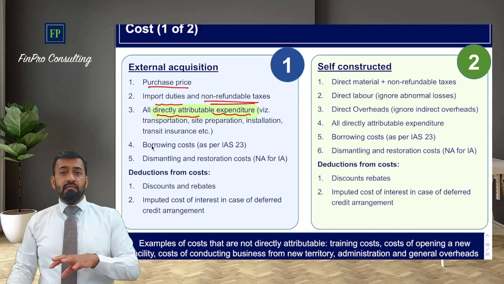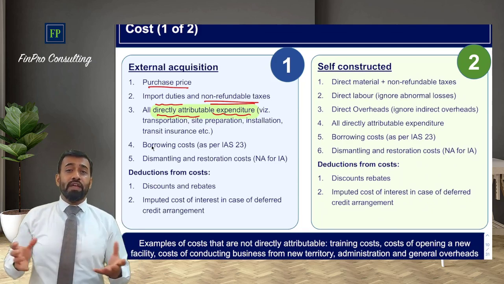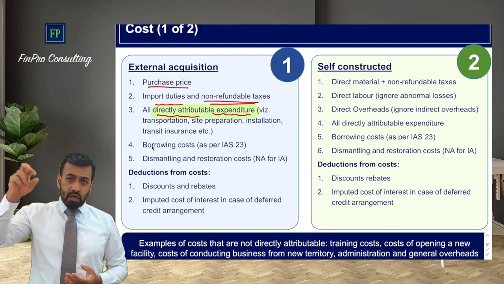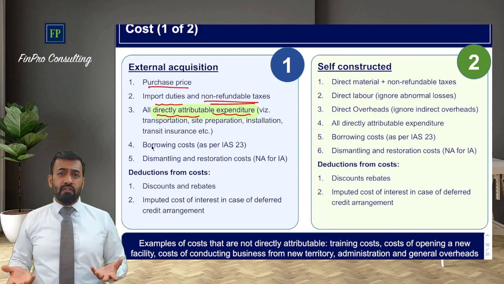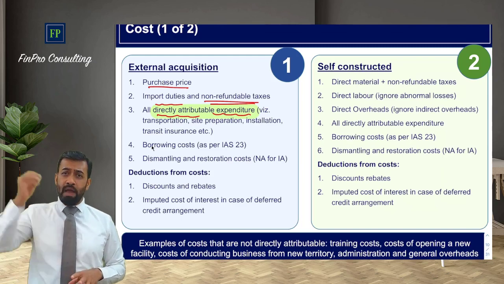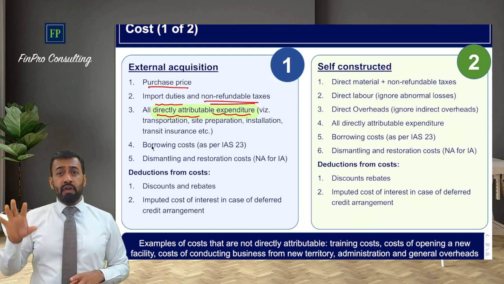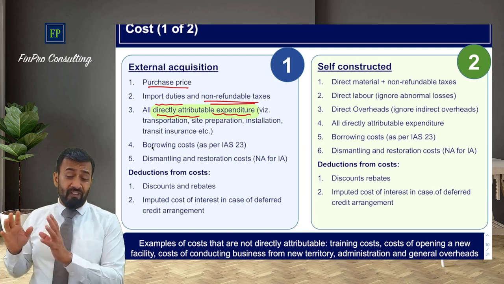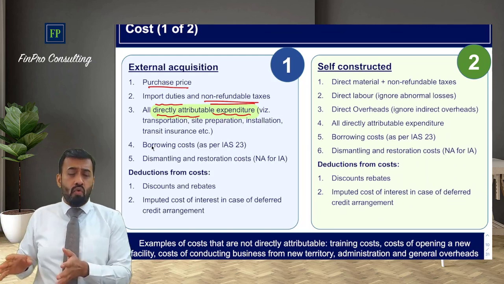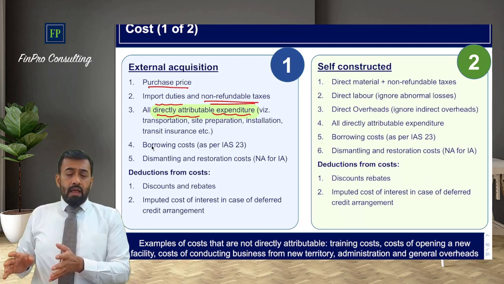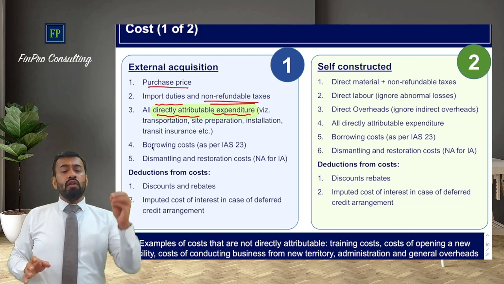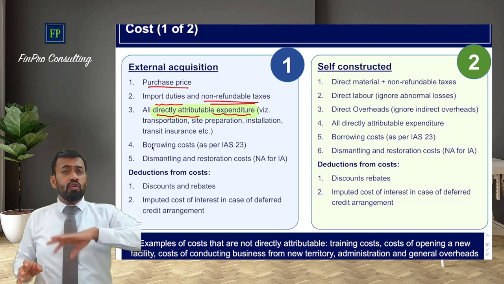Foreign currency translation fluctuations. Now, whether you incur fluctuation expenses or you don't incur fluctuation expenses doesn't make any difference. You pay that amount, the asset is there. Will it have any impact on the functionality of the asset? The answer is no. It is an external part, whether you incur fluctuation or not. This doesn't go with the transportation.